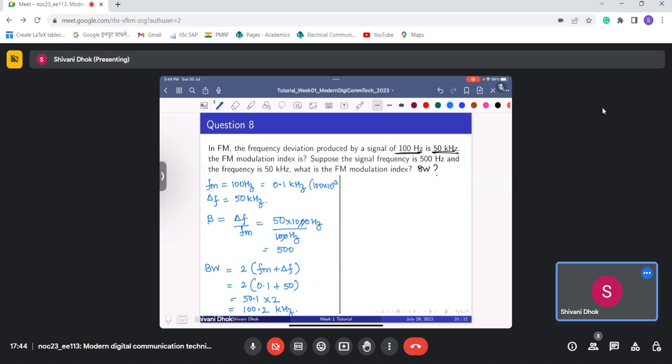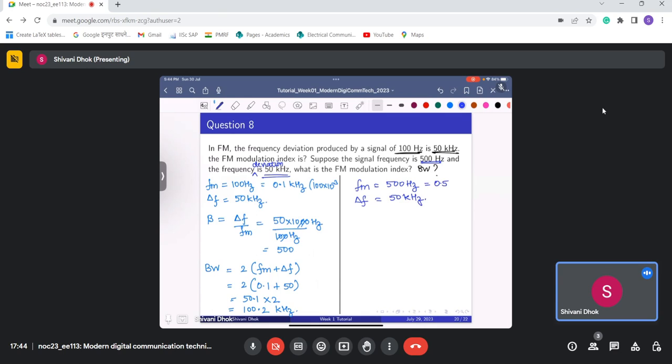Now what they are saying is, suppose the signal frequency is 500 hertz. That is, in the second part what we have is Fm is 500 hertz and the frequency deviation, let me add it properly, frequency deviation, that is delta F, is again 50 kilohertz.